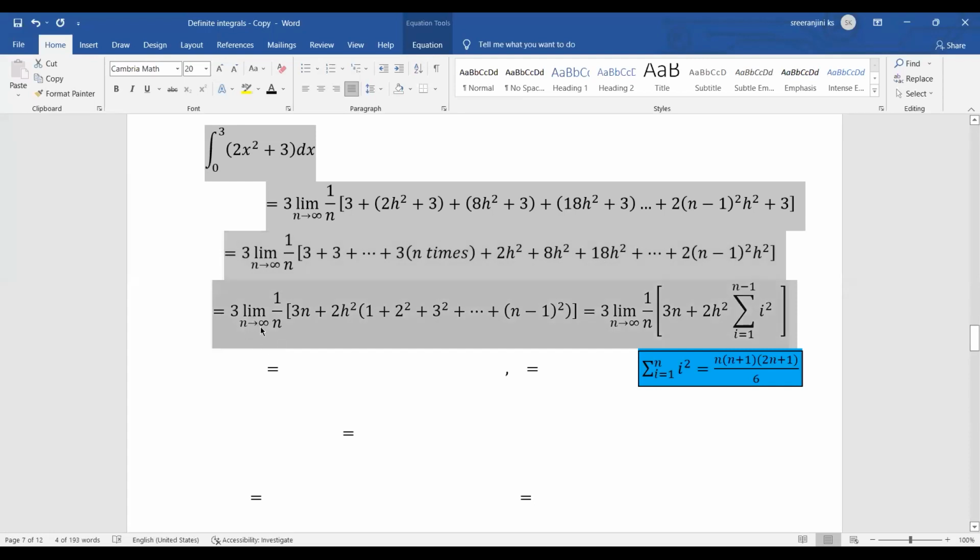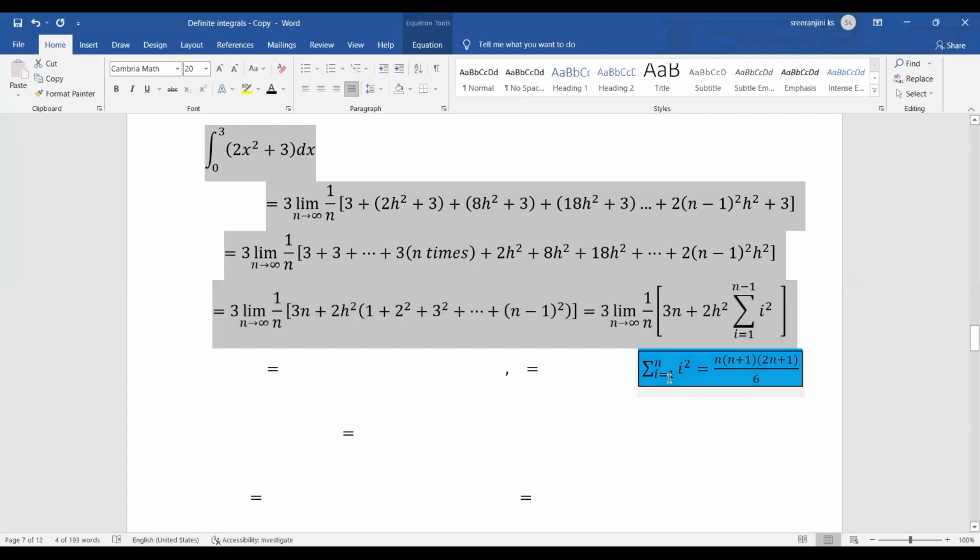So 3 into limit n tends to infinity, 1 by n, 3n plus 2h square into 1 plus 2 square plus 3 square plus etc. plus n minus 1 the whole square. So this is the sum of squares of the first n minus 1 natural numbers.